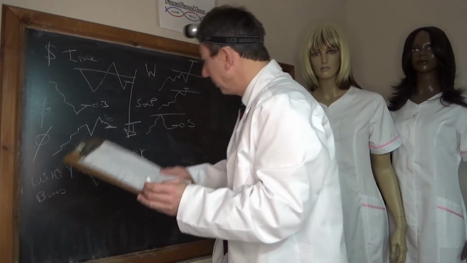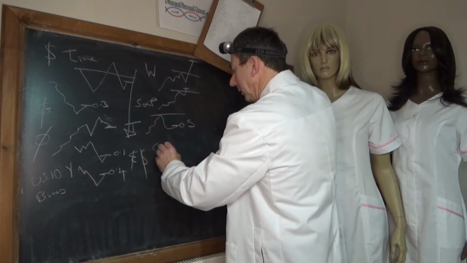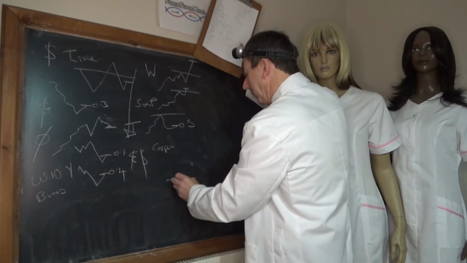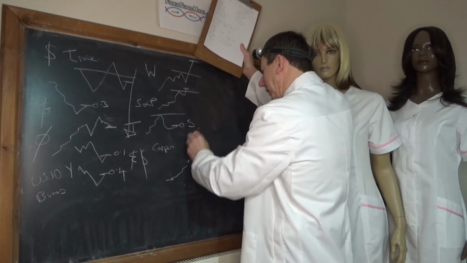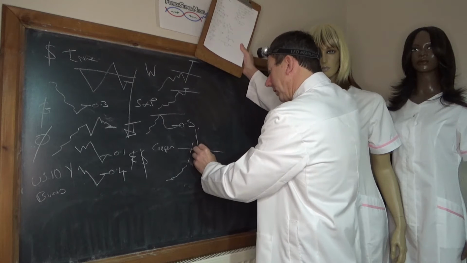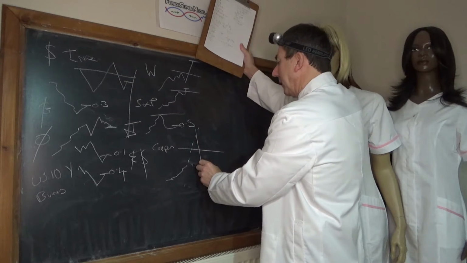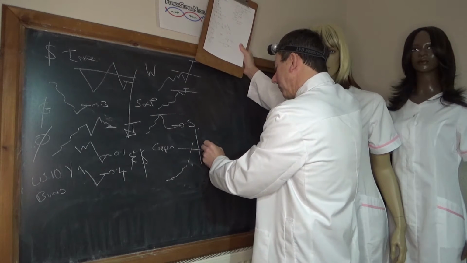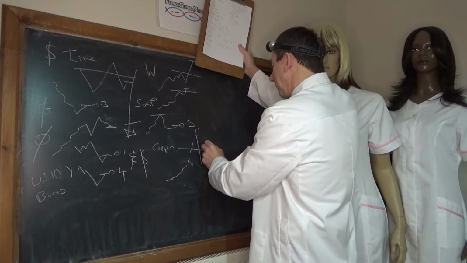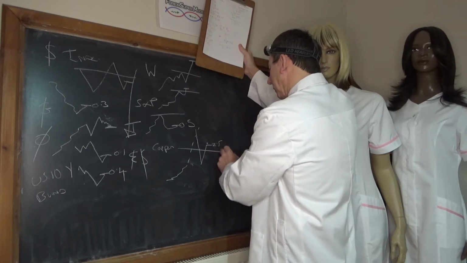Right, copper basically got 1, 2, 3, 4, 5. It came back to the second pump, went more or less back to base camp, went up to the third pump, and it's now operating at about 2.5 on the pumps.